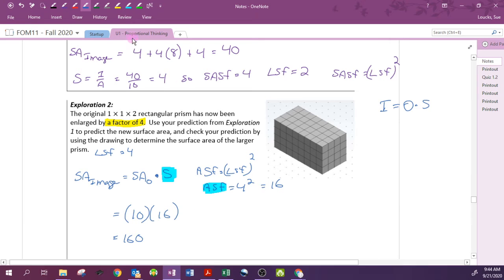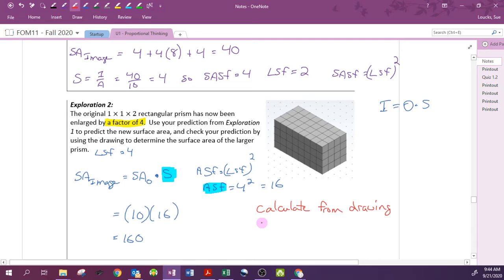All right, and then let's determine from the drawing. Over here, I was calculating based on the original one and a linear scale factor of 4. Let's just check if it worked.